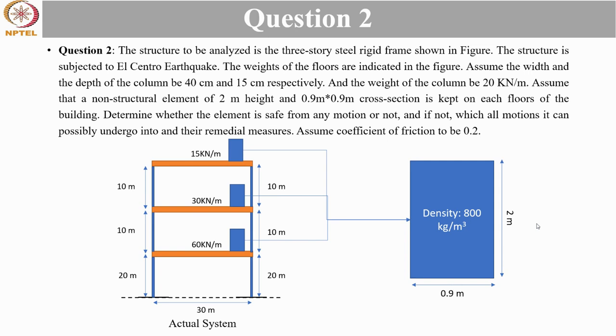Assume a non-structural element of 2 meter height and 0.9 by 0.9 meter cross section is kept on each floor of the building. Determine whether the element is safe for any motion or not, and if not, which all motions it can possibly undergo and their remedial measures. Assume the coefficient of friction to be 0.2.